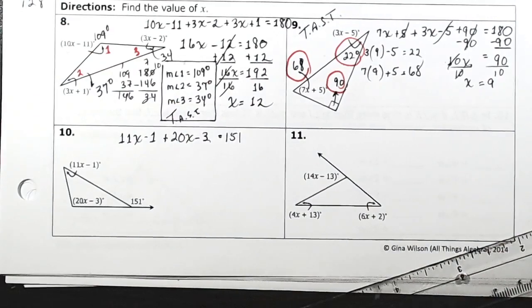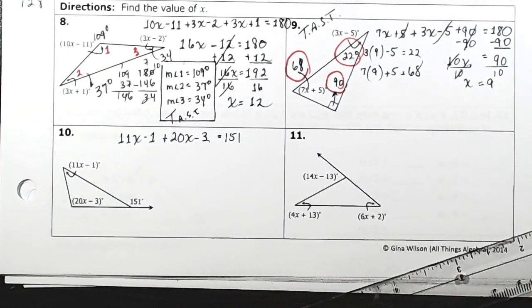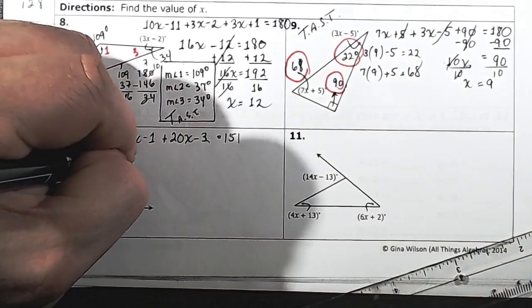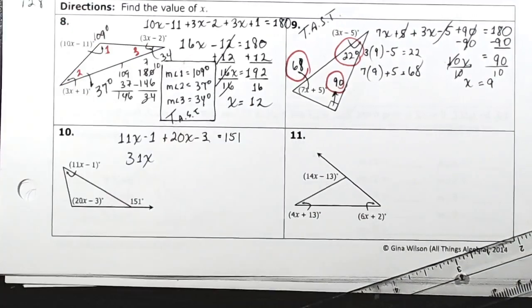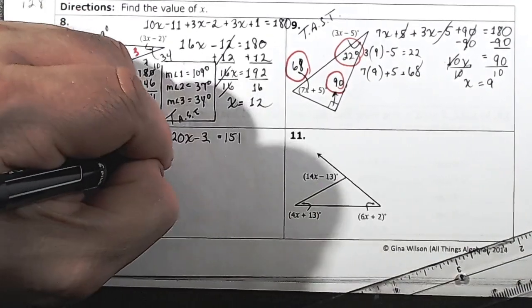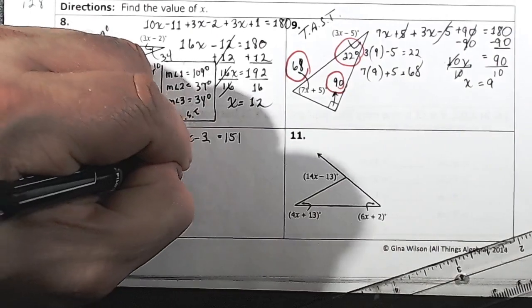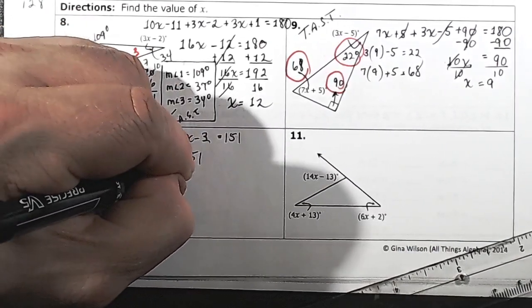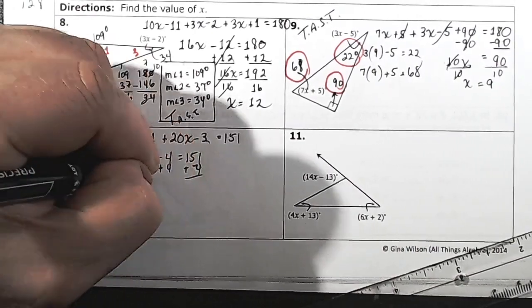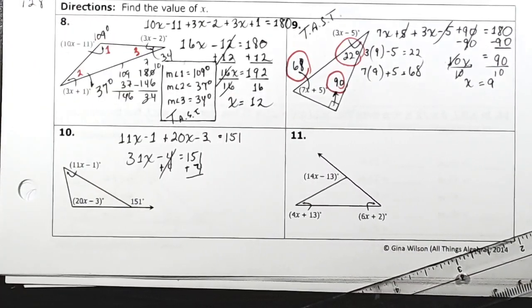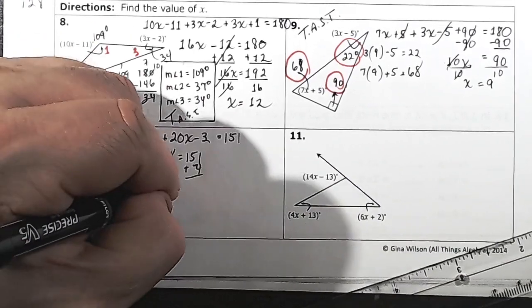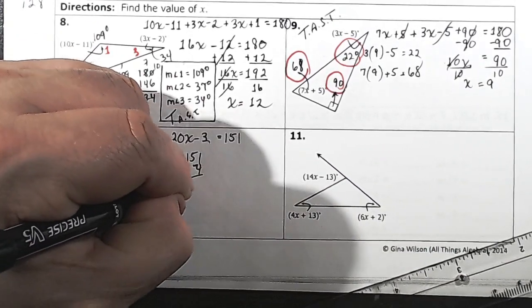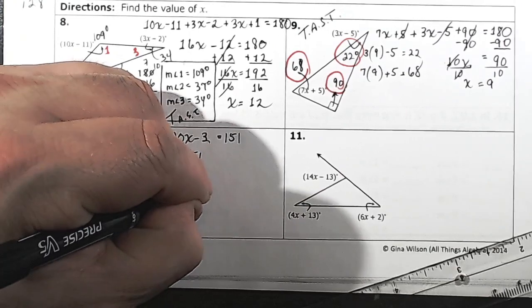And now you just have to simplify and solve for x. So let's do the common terms here with the x's. 11x plus 20x is 31x. And negative 1 and negative 3 is negative 4. And that equals 151. So now we're going to add 4 to both sides. And 151 plus 4 is 155. So 31x equals 155.